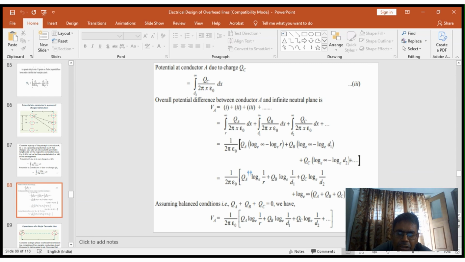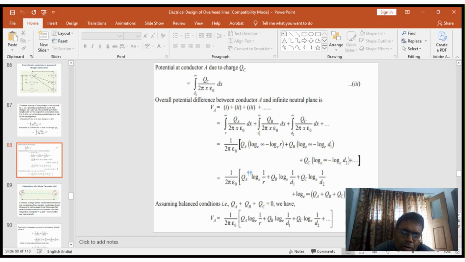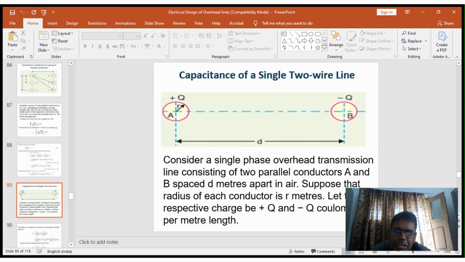Assuming balanced conditions, Qa plus Qb plus Qc is equal to 0, then substituting here we get V_A as 1 by 2 pi epsilon naught, Qa log 1 by r plus Qb log 1 by D1 and Qc log 1 by D2, and so on. The same expressions can be derived in the case of capacitance also.